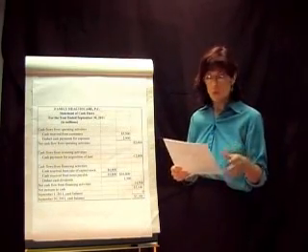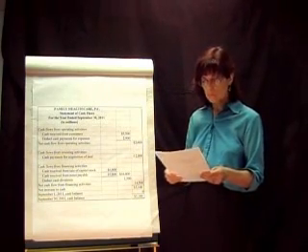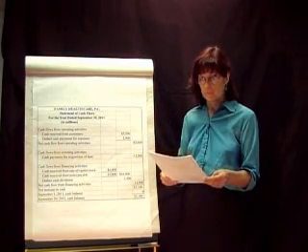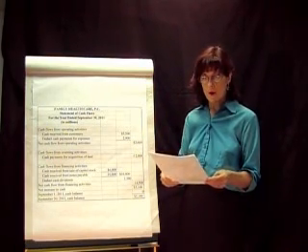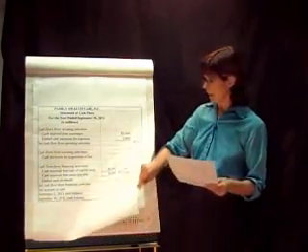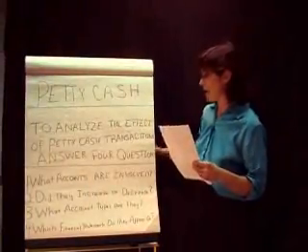And there needs to be a paperwork trail when money is taken out of it, so that you can keep track of where it's going and that the purchases are authorized. So I'm going to talk a little bit about petty cash.